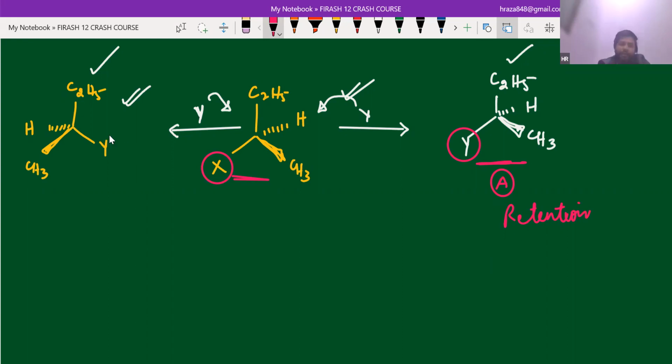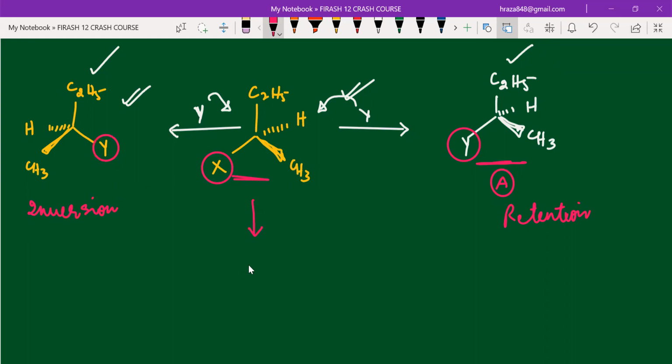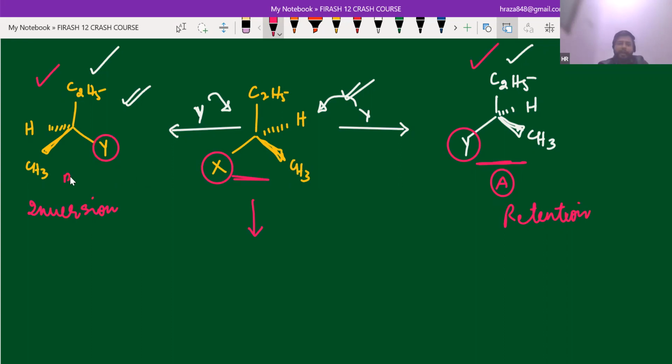And now you can see the Y is opposite of the X. That's why it is inversion. Are you getting my point? Yes, sir. So if this is clockwise, that means this is anti-clockwise. And if you take this A and B in equal amount and mix them, then you will get racemization or racemic mixture.